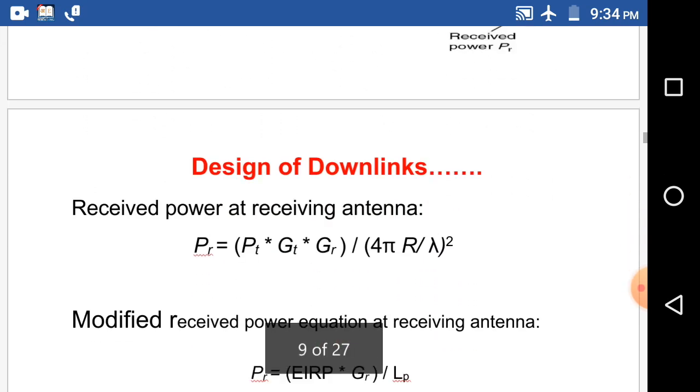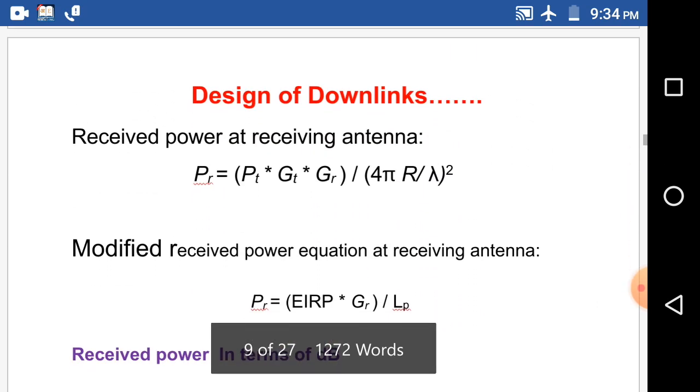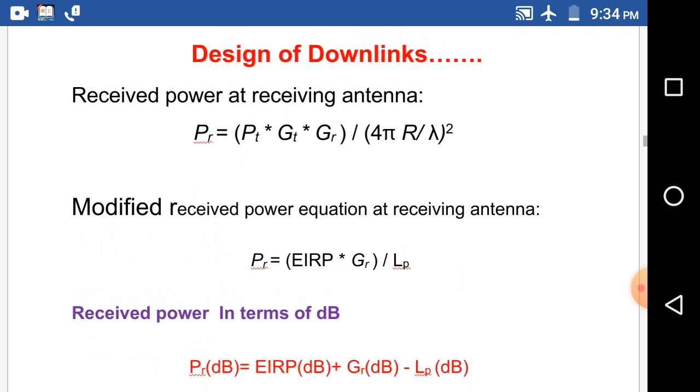So at the receiver, the total received power is denoted by PR, which equals PT, the total transmitted power, times the gain of the satellite antenna, times the gain of the receiving antenna, divided by the path loss.